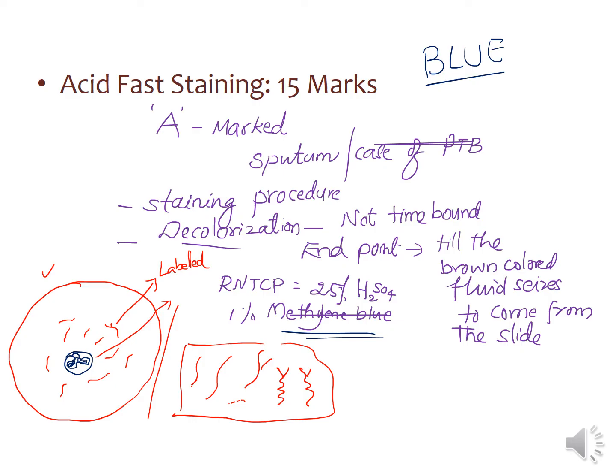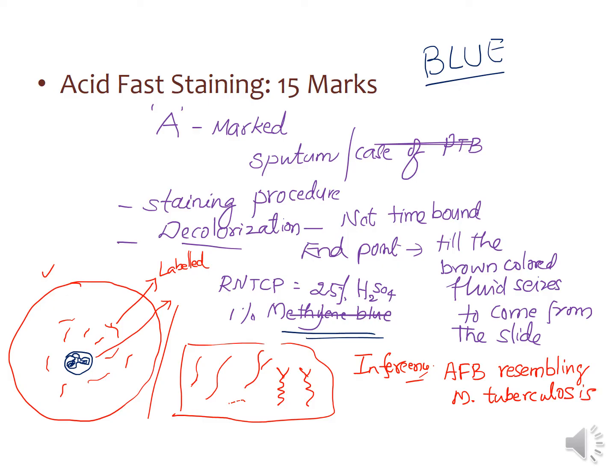And then in the inference, never forget to write acid fast bacilli. Don't abbreviate, just to cut short the time I am using this. Acid fast bacilli resembling Mycobacterium tuberculosis.